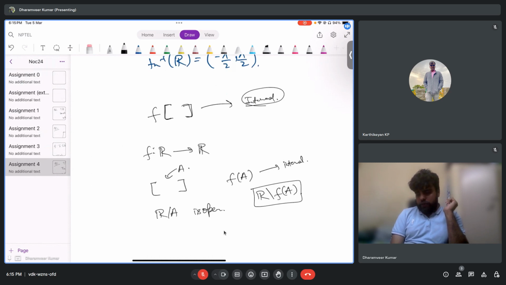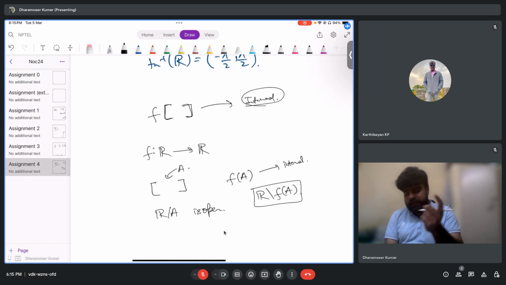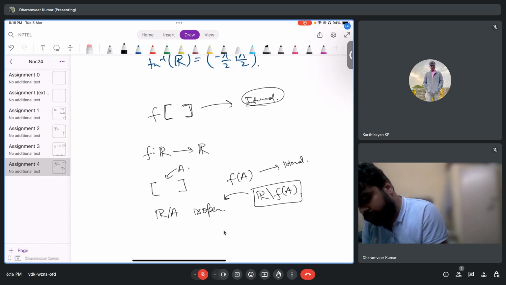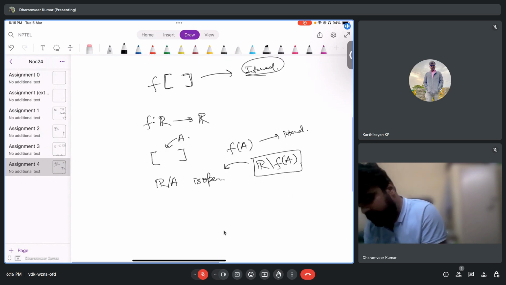So now if you apply the continuity, you have to apply continuity.